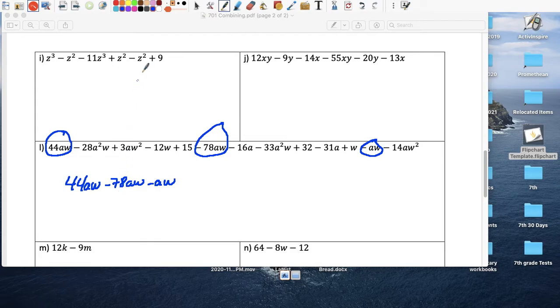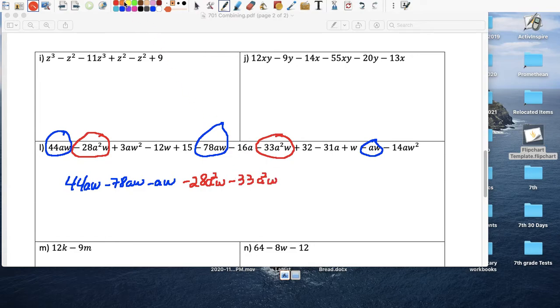That's it. Change colors. Anything that's a squared w. There's another one right here. Remember, it has to be a to the second power w. So minus 28 a to the second power w, minus 33 a to the second w.